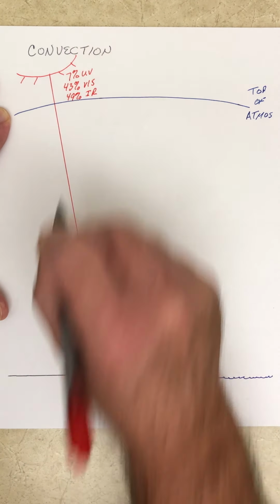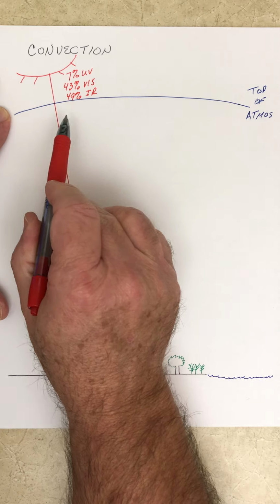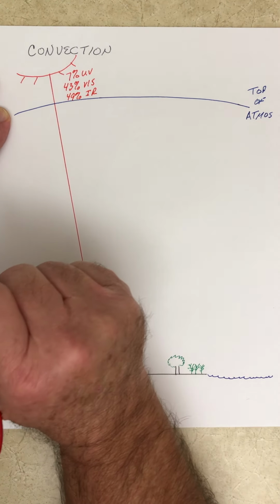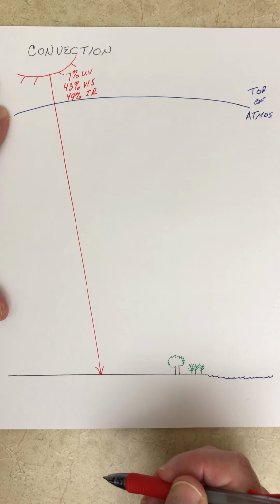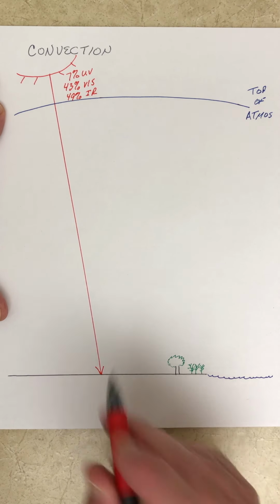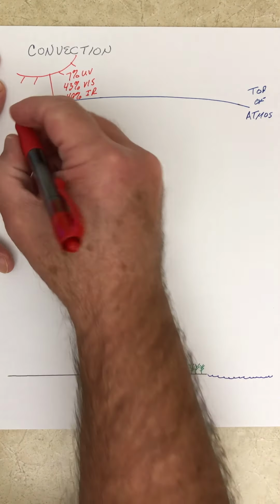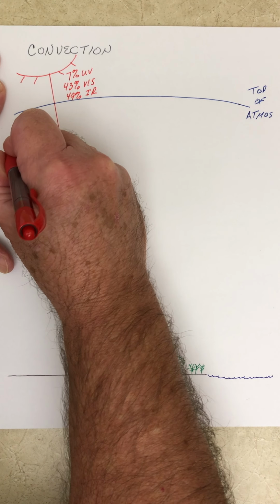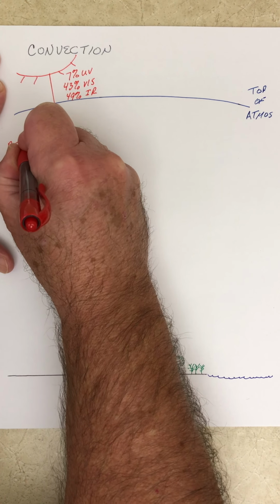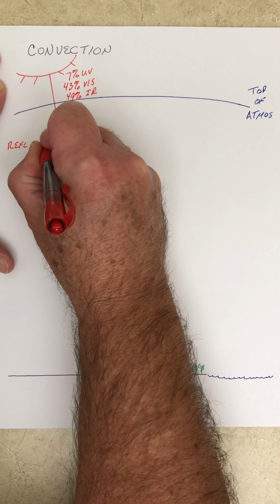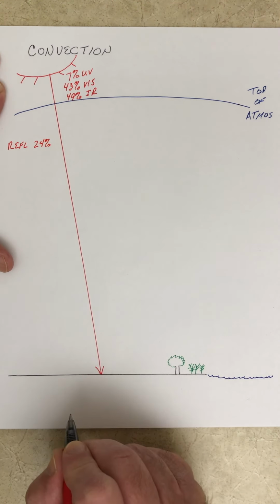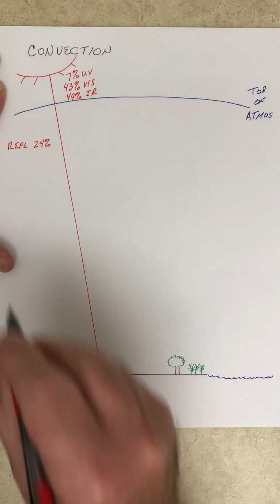Okay. Now, that solar radiation reaches the top of the Earth's atmosphere, and there are 3 fates of solar radiation as it passes through the Earth's atmosphere. Remember that it can be reflected, and 24% of incoming solar radiation on a global basis is reflected.